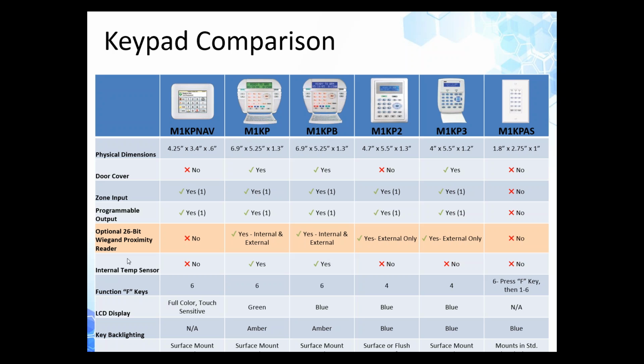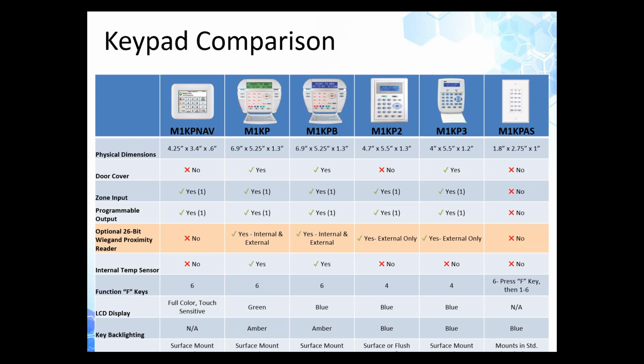Now, as far as optional 26-bit Wiegand readers, the KP and KPB, you can have an internal prox reader. That's the ELK M1 PRC. It's a little coin 26-bit prox reader that fits into the back of the keypad. Read range is probably about an inch.